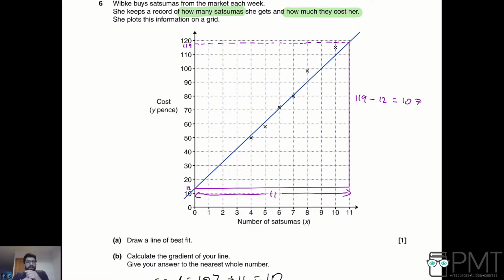So the gradient, if you think about the previous question, we had the gradient, that was the hourly rate. So for each extra hour, how much more he was charging. Here, instead of hours, we have got Satsumas. It's a cost again, it's similar, but the idea is the gradients are always gonna represent when you add an extra quantity of whatever is on the x-axis, how much the y increases.